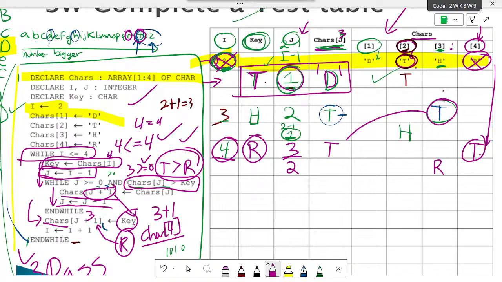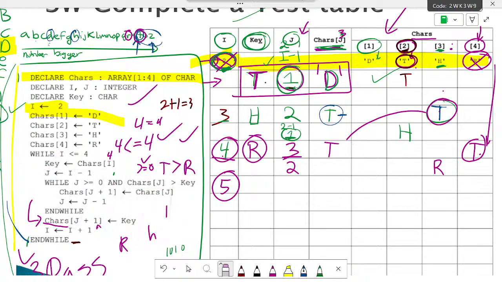And then right here we have I is equal to I plus 1, which is 5. And then that's it. Because when I is equal to 5, do I need to do the code again? Look right here. I'm going through every iteration. I'm just going to delete this to make it more clear.